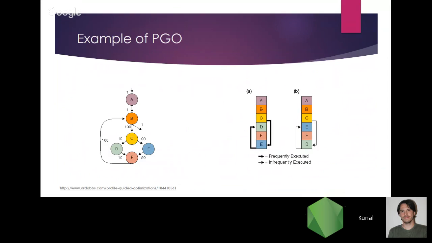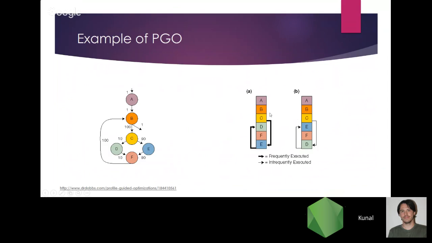So for example, take a look at this code. Let's say you have these blocks where from A to B, you just go once, and then there is a condition where you go 100 times into block C, and C has another condition where 90 times it goes through the right flow, and 10 times it goes through the left flow, and then from E it goes to F 90 times.